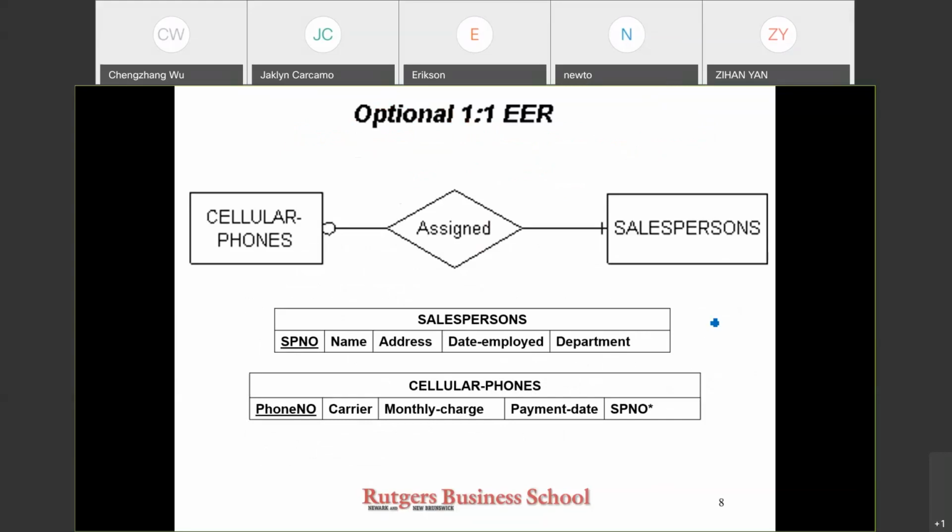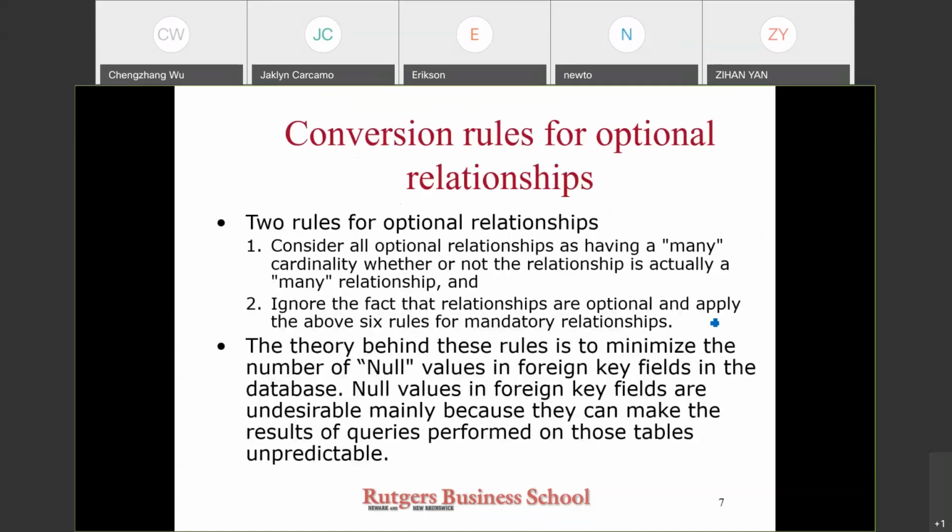Okay, let's take a look. So in this diagram, it is an optional one-to-one ER between these two objects, cell phone and salesperson. Okay, let's see. We first consider all optional relationships as having a many cardinality.